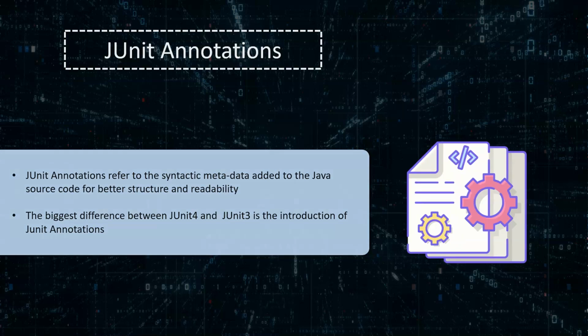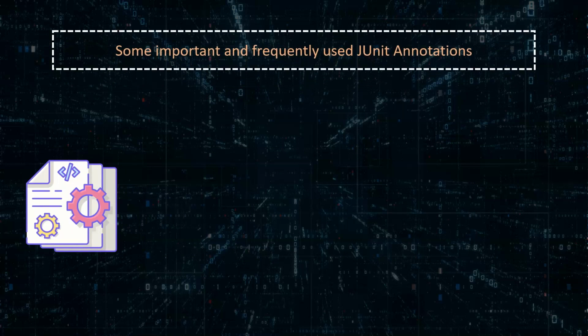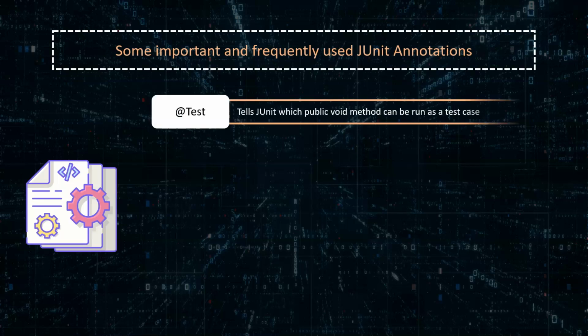This is really helpful to read the overall source code, because you have so much source code present in your project. Annotations help you identify which components are part of the unit test cases, not the actual source code.